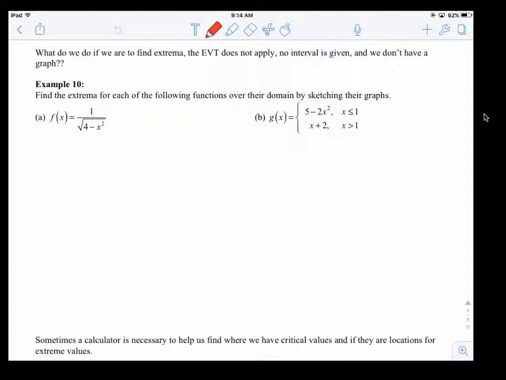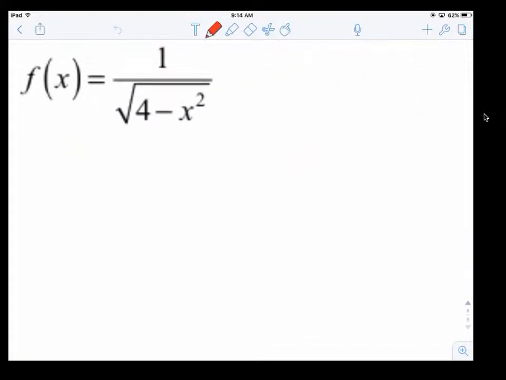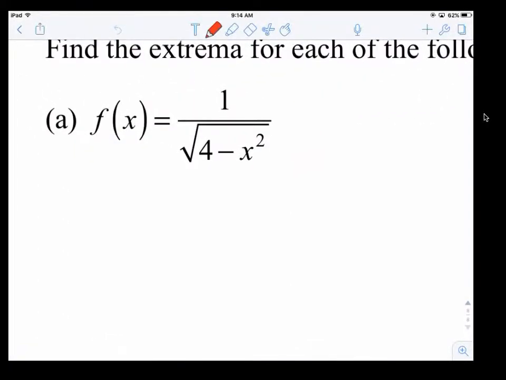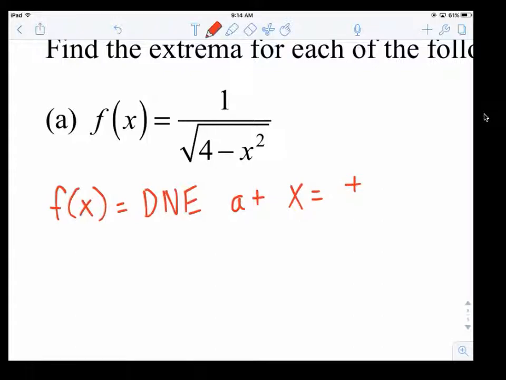Okay, so it says find the extrema for each of the following functions over their domain by sketching the graph. So, where do we know that f of x does not exist? Okay, good.